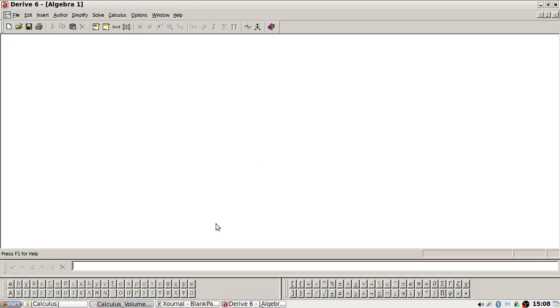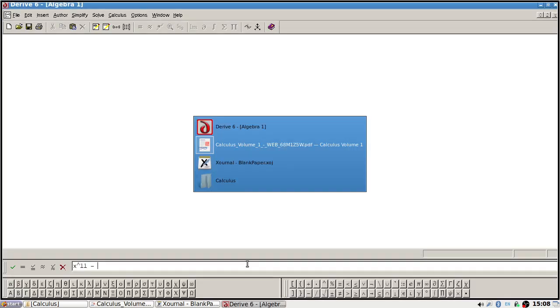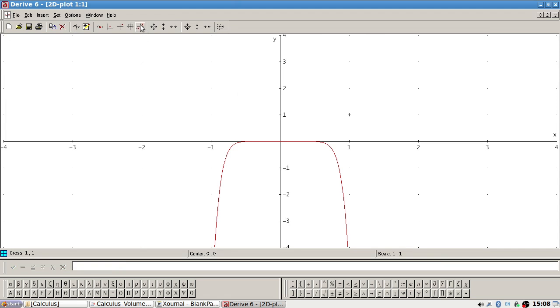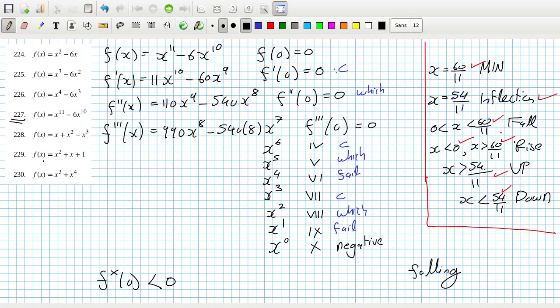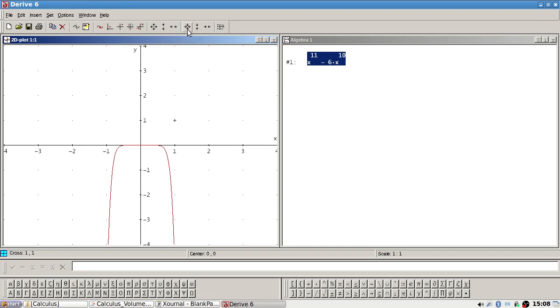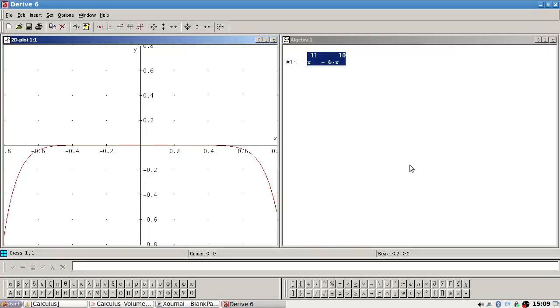x11 minus 6x10. Don't know. Looks like a max to me. Weird.